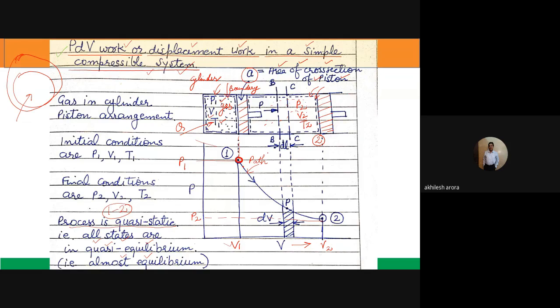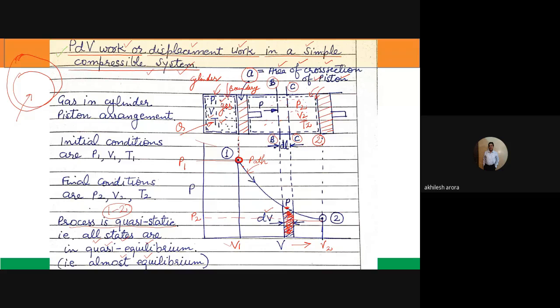Okay, now what I do, I consider a very small volume here. This dV volume I am considering, you can see it here in the PV diagram. This volume is given by dV. Now, the pressure here is P. And here I have shown this position in the piston. I am showing the position BB and CC. Okay. So this is the position.